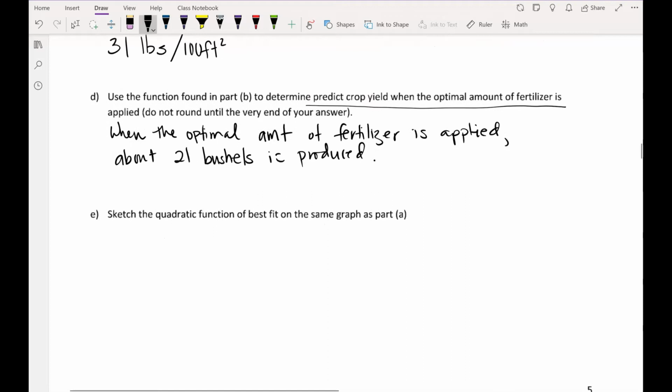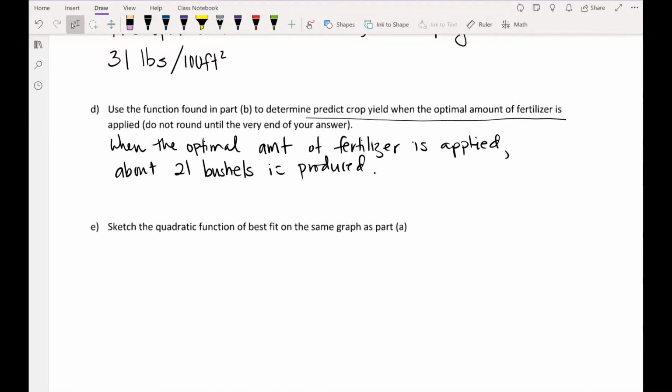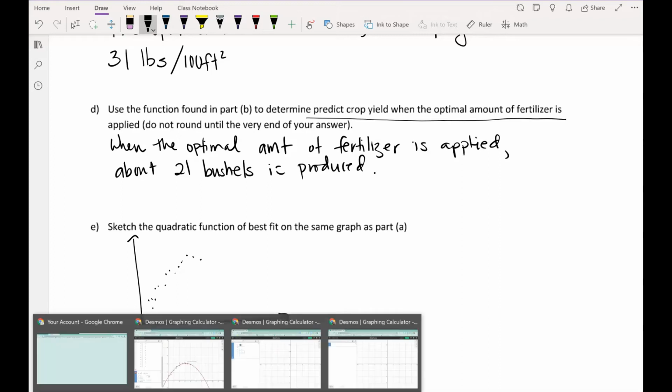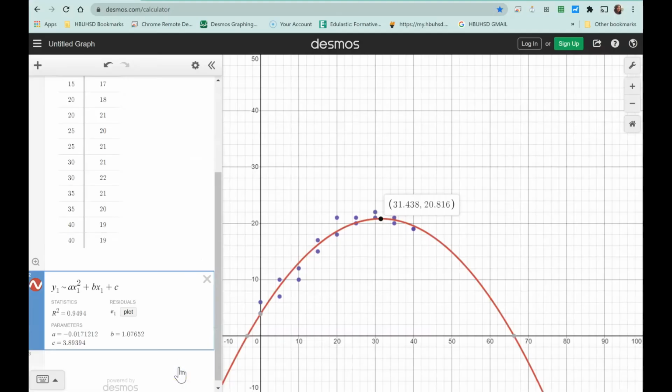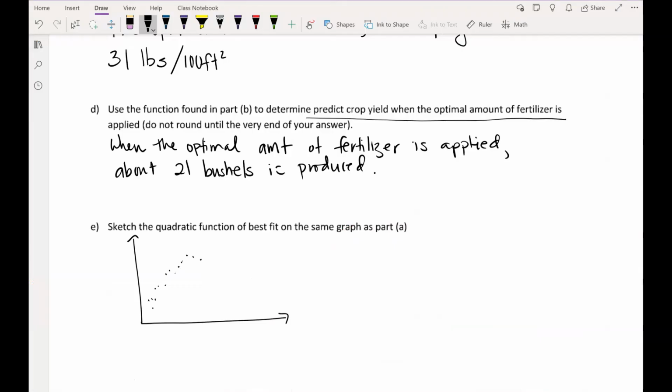And part E said sketch the quadratic function of best fit on the same graph as A. You can ignore part A because I didn't want you to do a bunch of dots, okay? So for this one, all I want you to do when it says sketch is look at your decimals or calculator and do a little sketch. Looks like you're starting at 0 and about 4-ish, 3.8. So 1, 2, 3, 4, so 3.8.